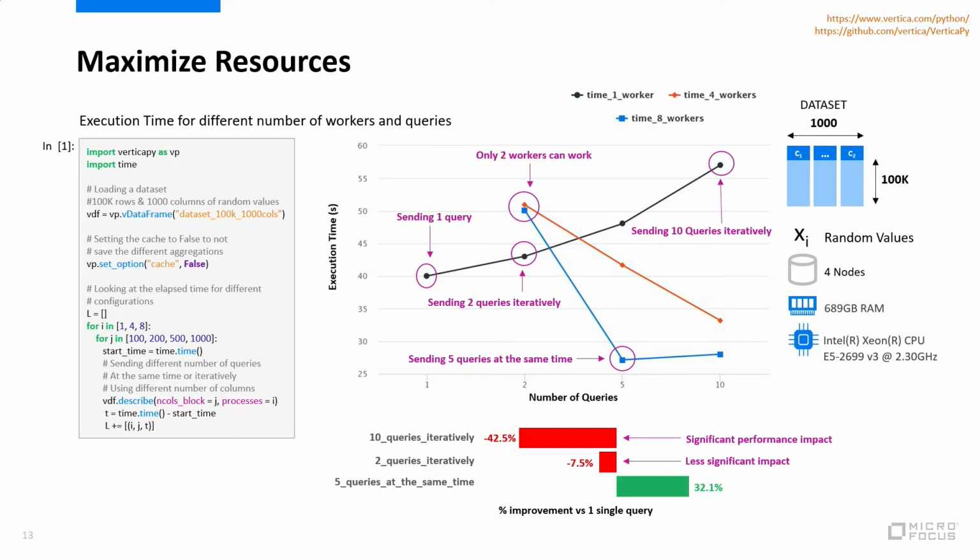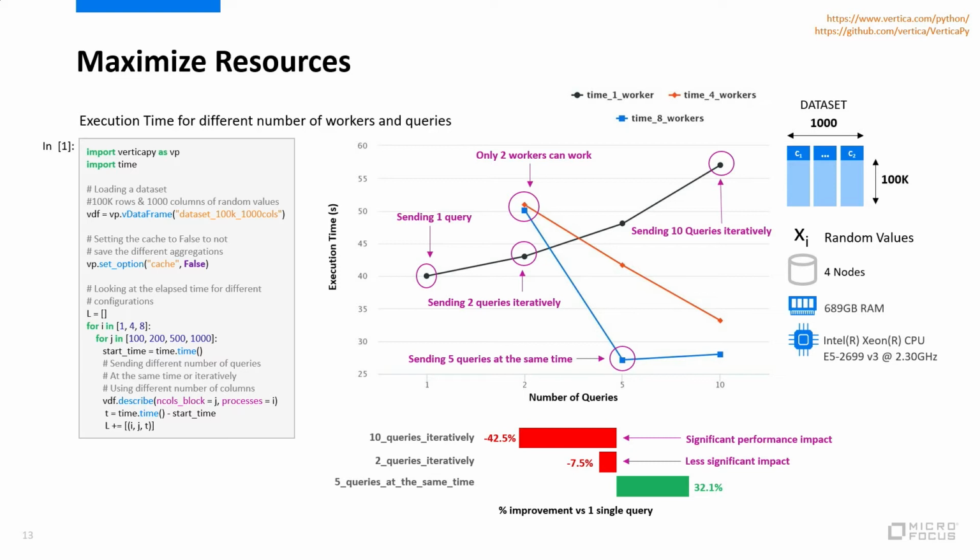So what's interesting, I drew this graphic in order to show you the performance that you can win by using the different techniques. If you're looking at the first point, at the beginning of the graphic, it's the one to send one query, which runs in approximately 40 seconds. Then we can send multiple queries iteratively.